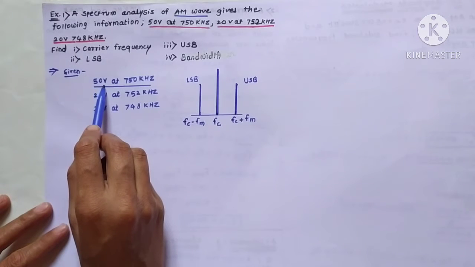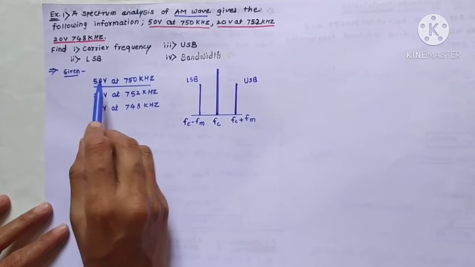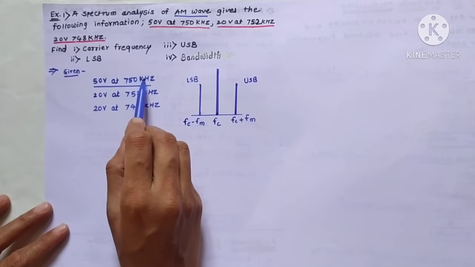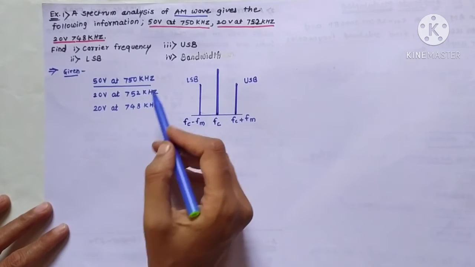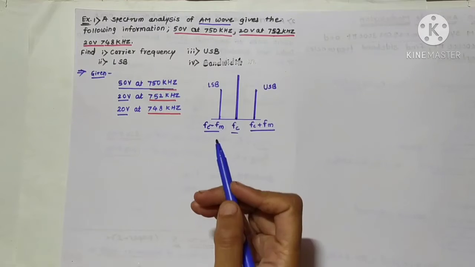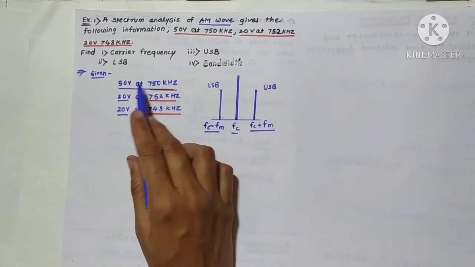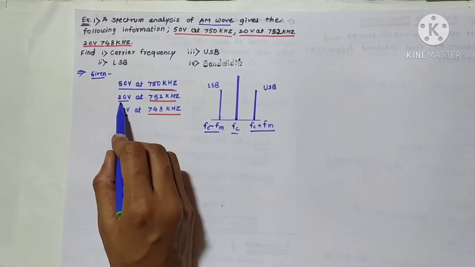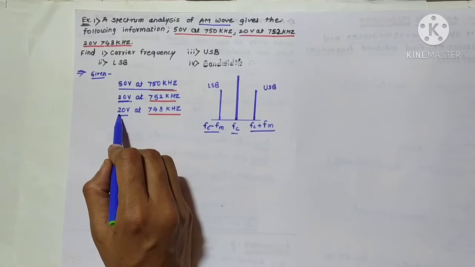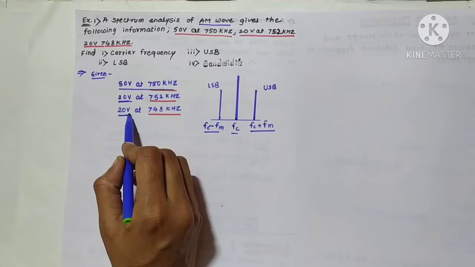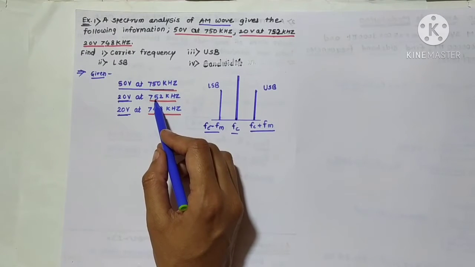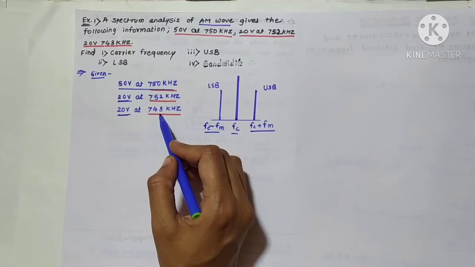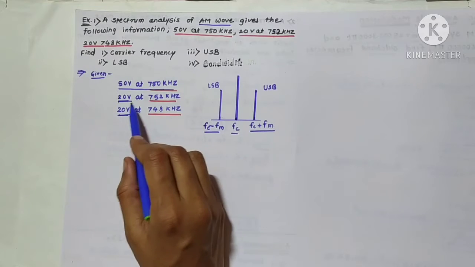Here 50 volt is the amplitude and 750 kilohertz is the frequency. If we observe carefully from these three terms, two voltages, 20 volt and 20 volt, for the frequencies 752 and 748 kilohertz, are the same.